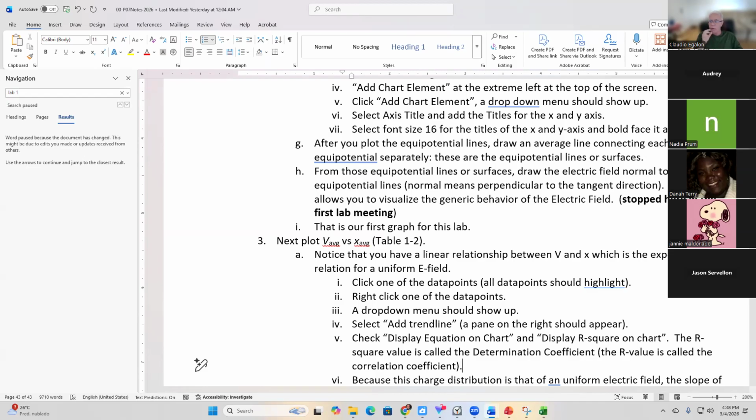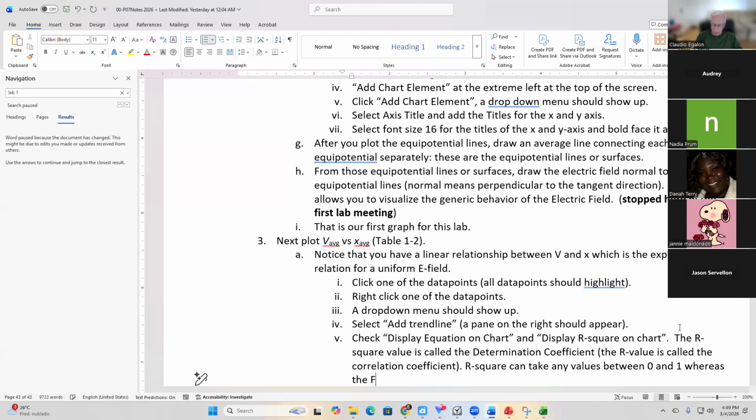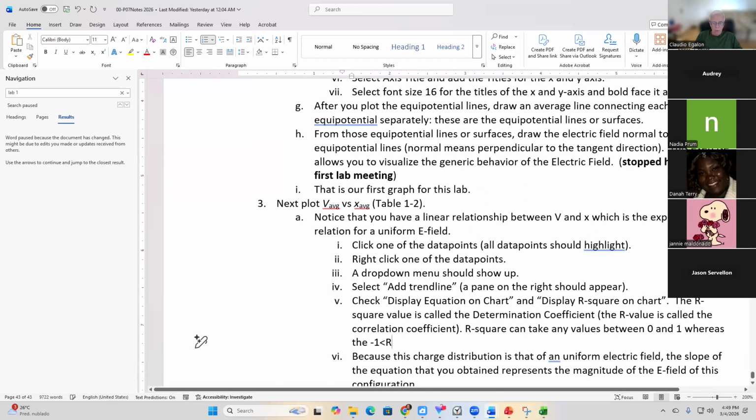This value is very important, okay? R squared can take any values between 0 and 1. Whereas the R value can take any value between -1 and 1.